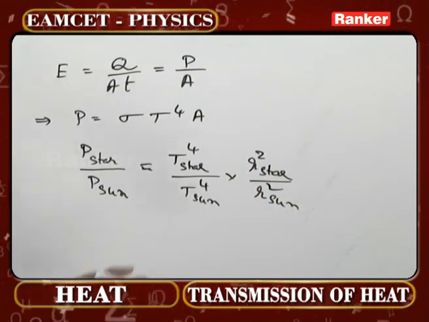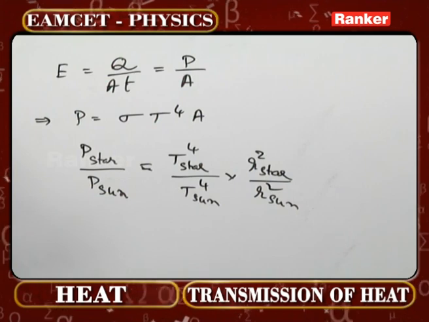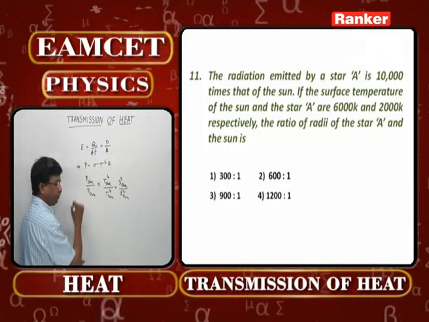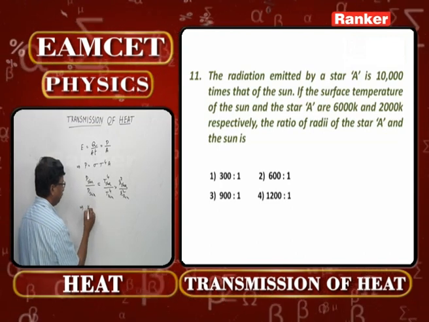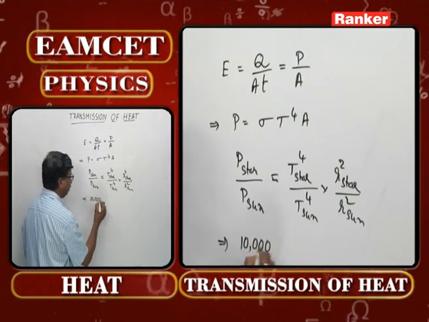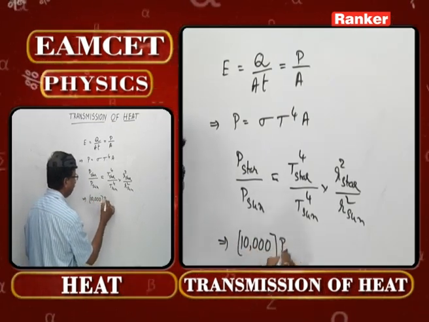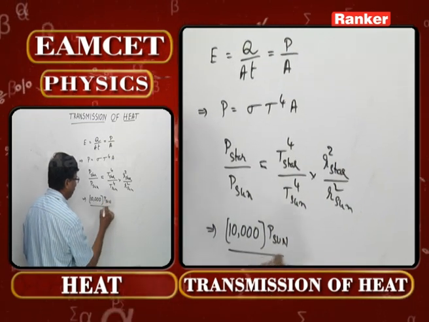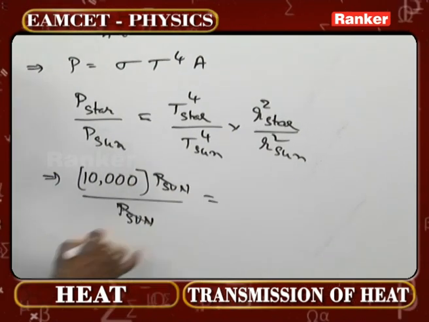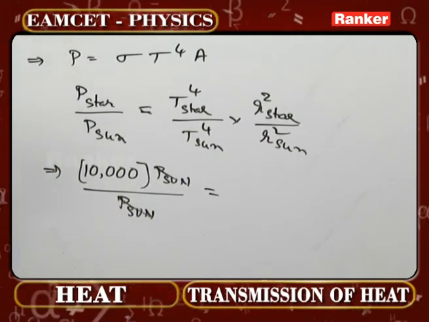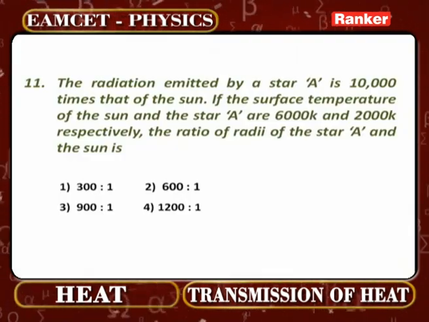What is the ratio of radii is the question he is asking you. So let us take P of star A is 10,000 times that of the sun. So simply write 10,000 into P of the sun. Then automatically this P of the sun in the denominator and this one get cancelled. Fine. What is the temperature of the star given? Sun is given 6,000.